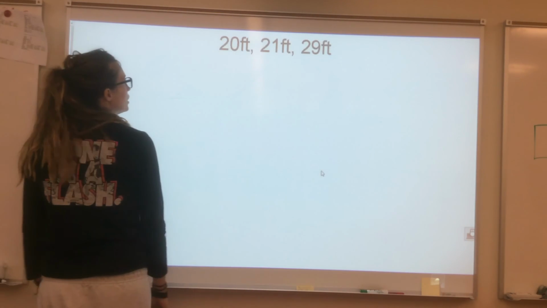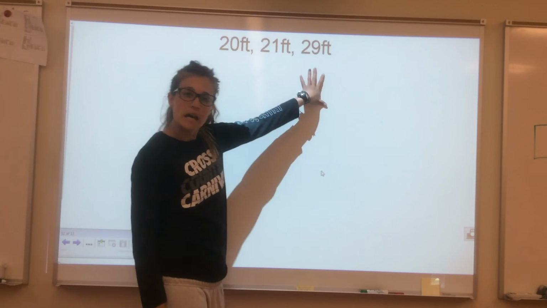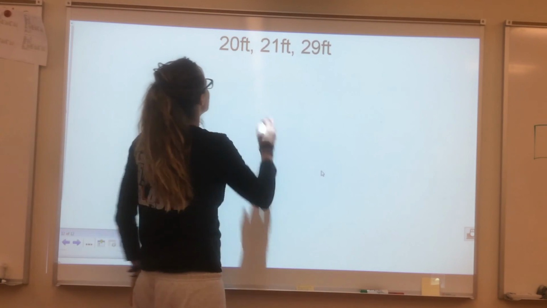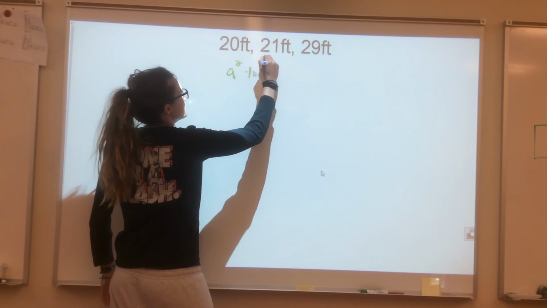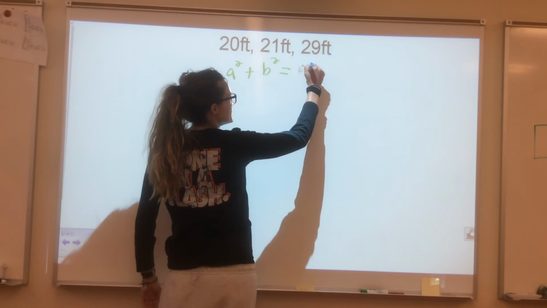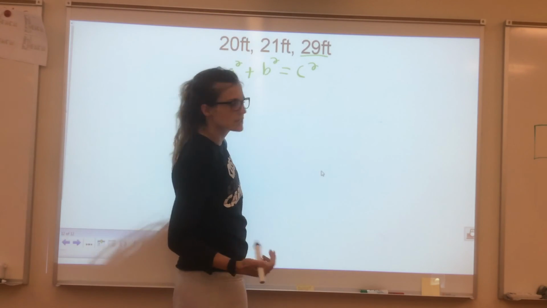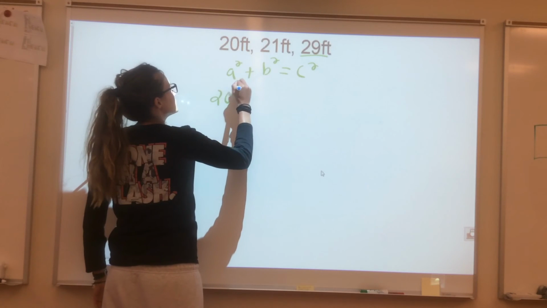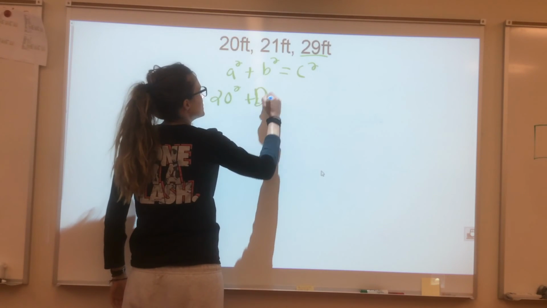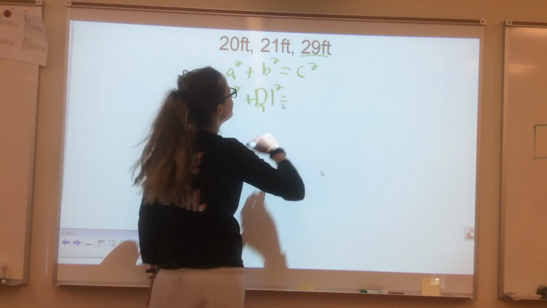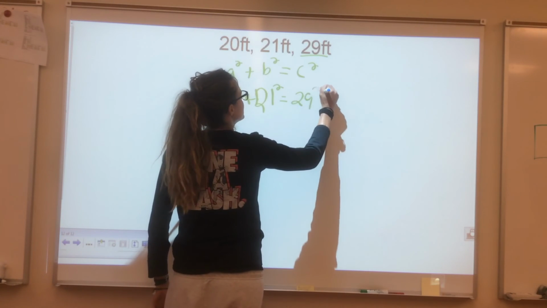All right, last I have 20, 21, and 29. Okay, so a squared plus b squared equals c squared, and this is c because 29 is the longest side. So 20 squared plus 21 squared, sorry, that's 21, and then 29 squared.